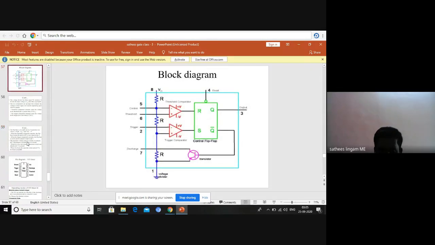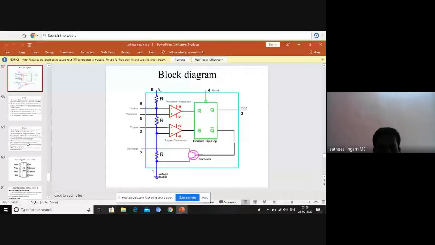The threshold comparator is connected to pin numbers 5 and 6, the control pin and threshold pin. The trigger comparator has one input connected to the trigger input, pin number 2. Another input is taken from the control input through a resistor R. Then one NPN transistor is connected from Q bar; that means the inverted output is connected to the transistor base terminal.